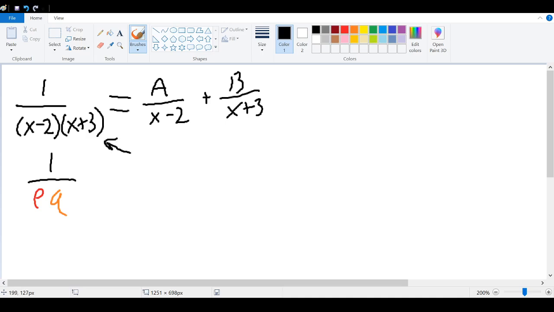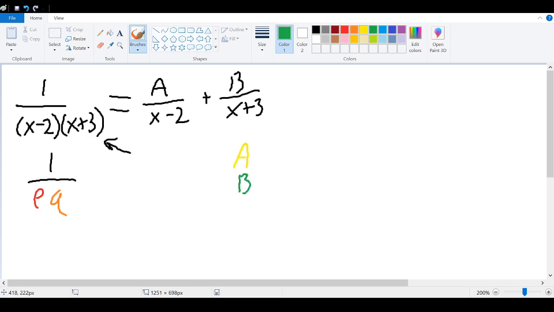So I'm going to introduce something called Bézout's identity for polynomials. This is the only higher level math technique I'm going to introduce. And essentially what it says is if p and q do not have any common factors, there are two polynomials, a and b.